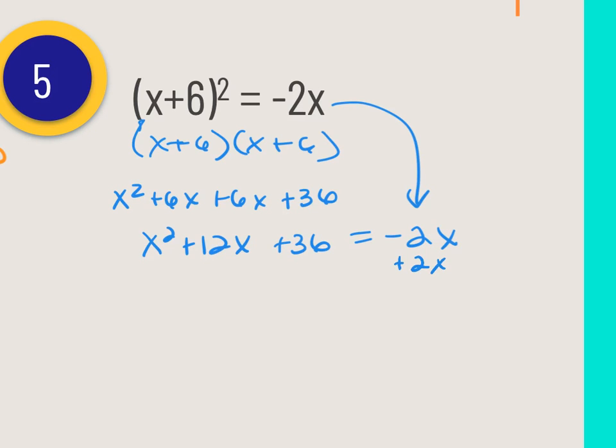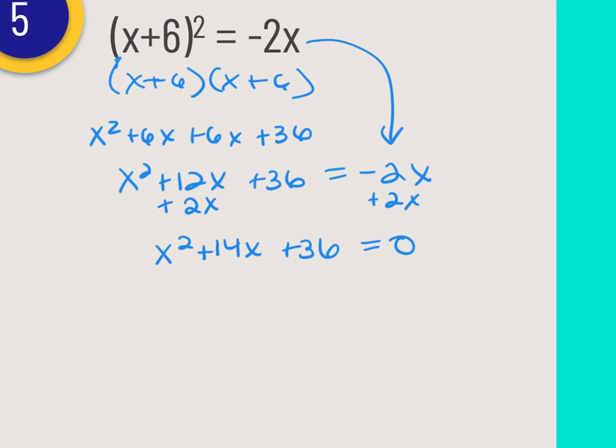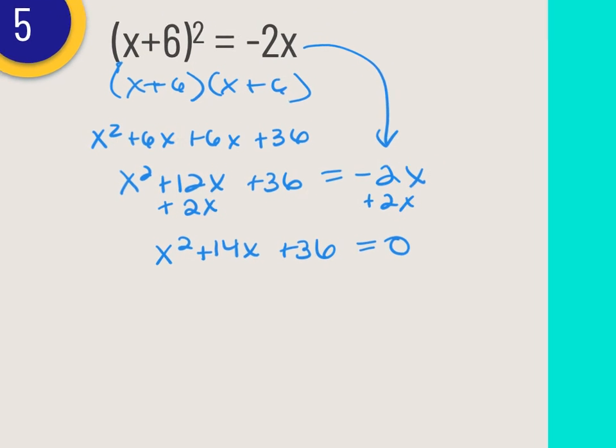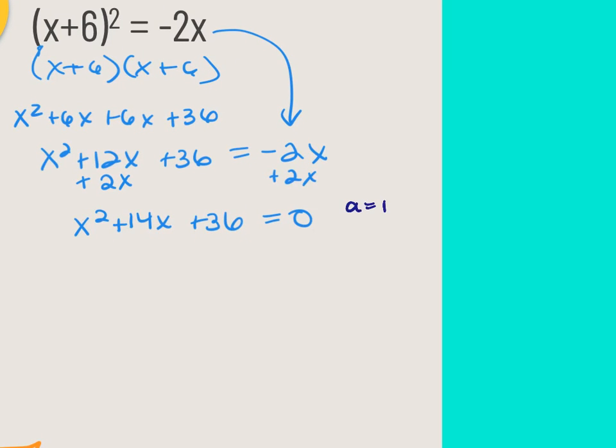Add the 2x, so everything's on the same side. I cannot do the quadratic formula if it's not equal to 0. It has to be equal to 0. And get to work. So A is 1, B is 14, C is 36.